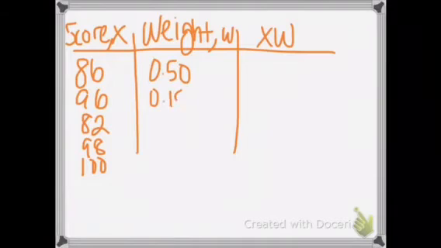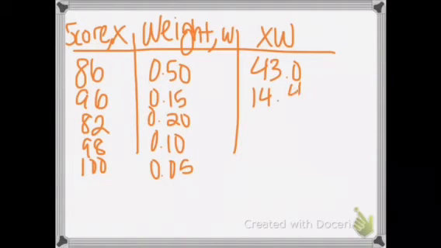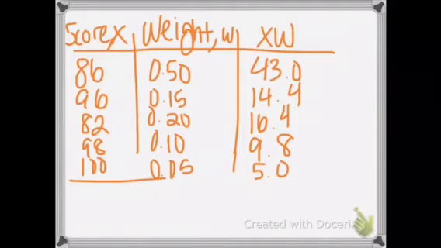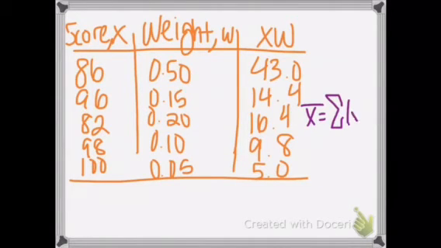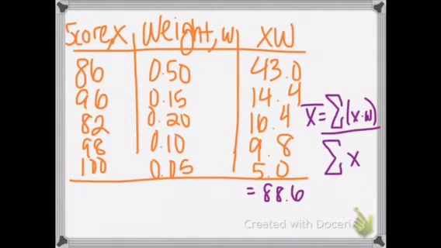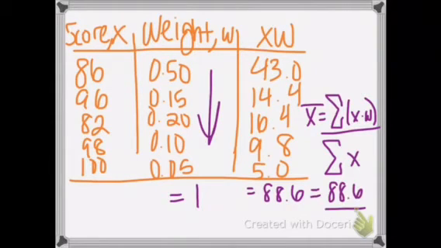We are going to multiply x times w, since it is in the formula, and put it on the right-hand column. I'm going to also write the formula on the right so you can see it better. So we're going to take the x times w column, the right column, and add all the numbers together, and add the middle column and divide them. So it's 88.6 divided by 1, which equals 88.6, the weighted mean.